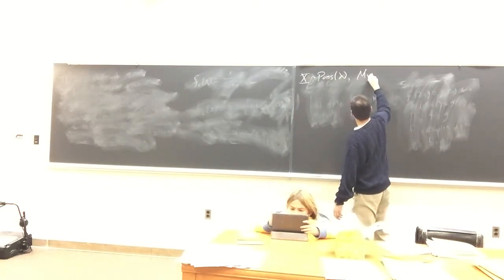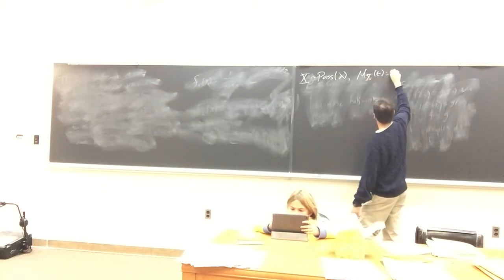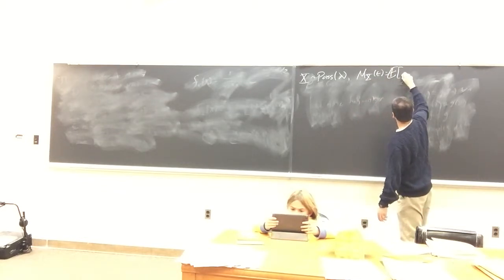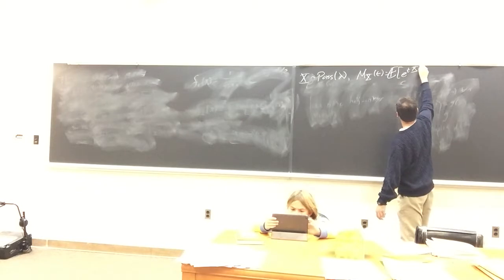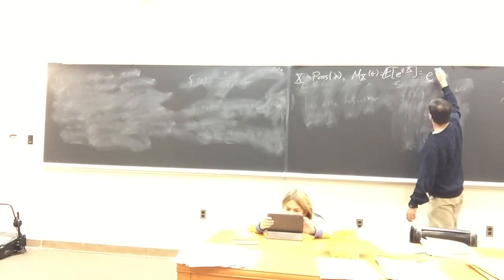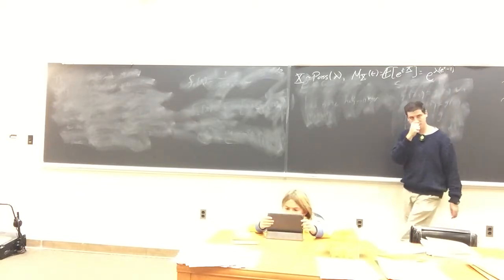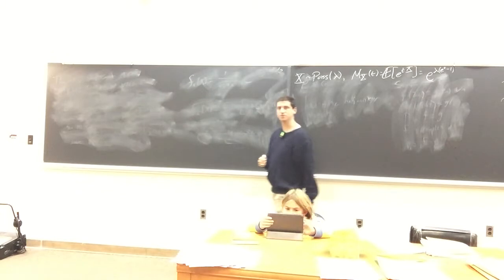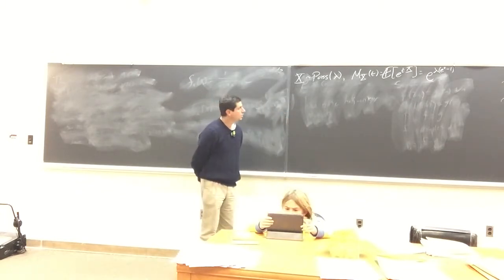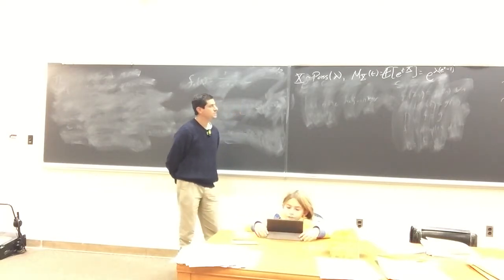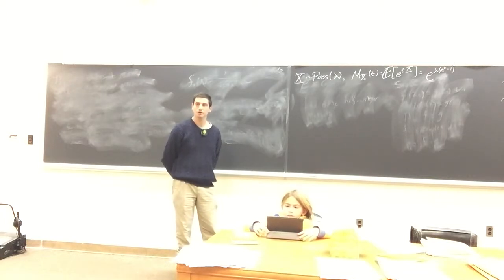The moment generating function of x is the expected value of e to the tx. And I think this was e to the lambda times (e to the t minus 1). Yes? This is the moment generating function of the Poisson. So there is a series expansion. And then the question is, can we say anything about how rapidly the moments are growing?